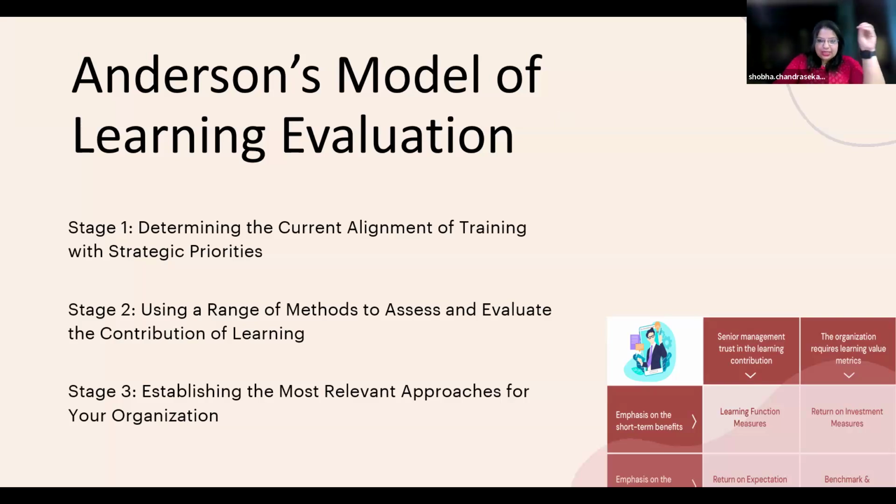Let's move on to stage 2, which is using a range of methods to assess and evaluate the contribution of learning. What do we do in this step? Once the alignment with the strategic priorities is established, the next stage involves assessing the actual contribution of learning to employee performance and overall business outcomes.